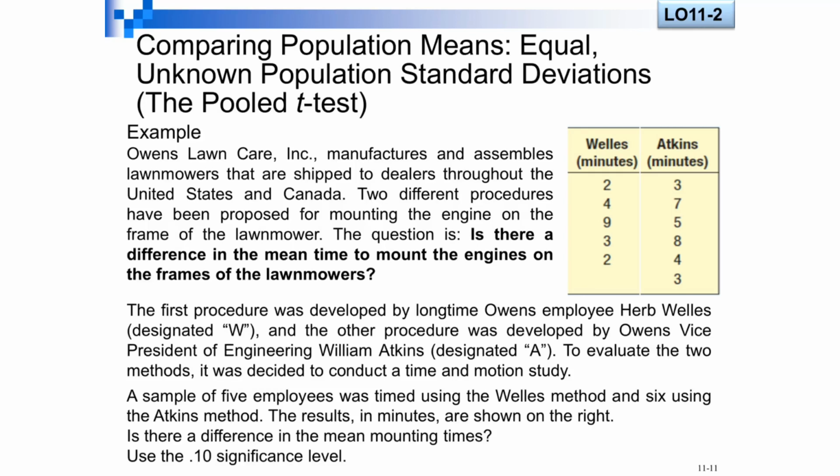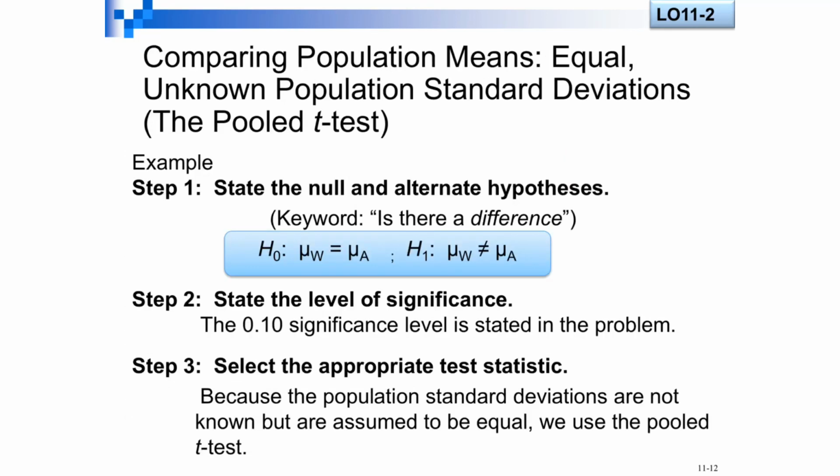They give us these two samples, and they ask us, is there any difference between these two samples in terms of the mean time to mount the engine on the frame of the lawn mower? So now what we have to do, we know already, is a t-test. We have to pool them together first to be able to calculate. They already give us a significance level, that is 0.1.